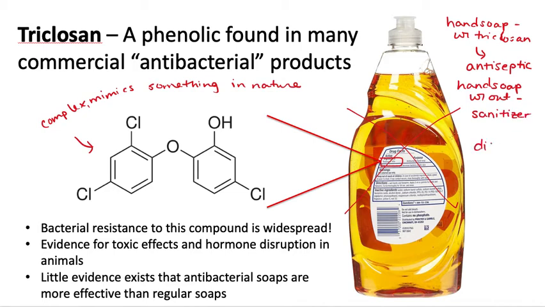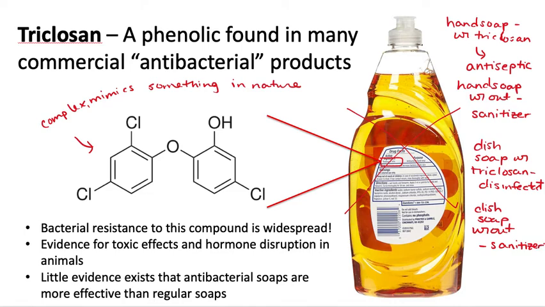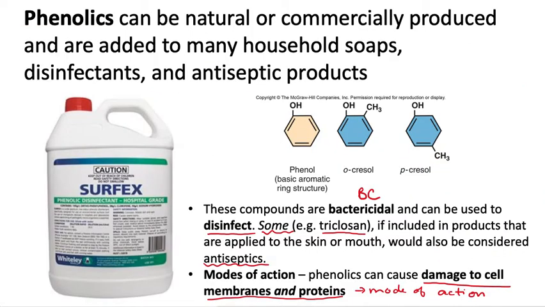If it's dish soap with triclosan or an antibacterial product, then we would call it a disinfectant. If it's dish soap without, then we would call it a sanitizer. But back to this slide right here, these phenolics like triclosan, they can only be used to disinfect and they cannot be used to sterilize.